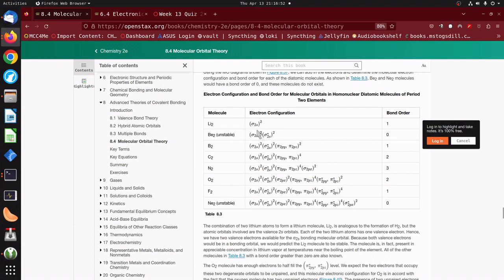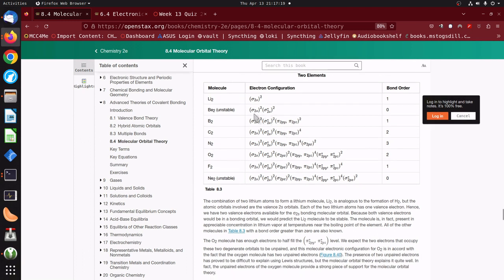Okay, and you can see that we use subscripts here to describe what atomic orbital the electrons came from to form this molecular orbital, and we use superscripts to describe how many electrons are in it. So it's a little bit of a different notation for us that we have to pay attention to here.